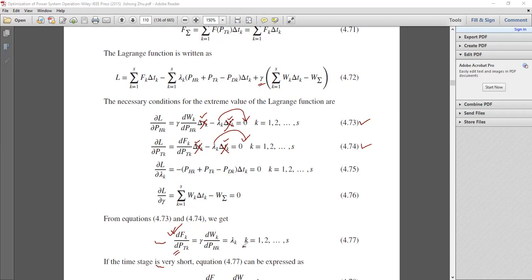And this should be true for all the instances from K equal to 1 up to S. And both of them equal lambda K.